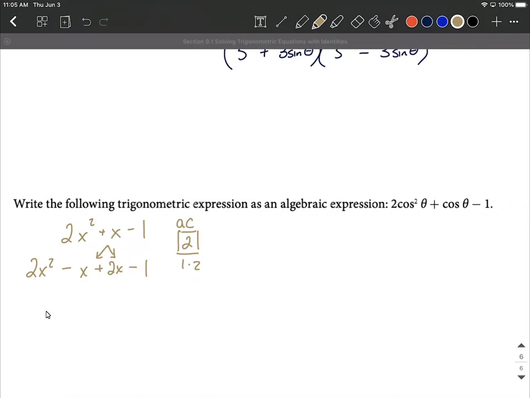And now that we've rewritten it, so we have 4 terms, we can use factor by grouping. The first 2 terms have an x in common, so let's factor out an x. That'll leave us with 2x minus 1 inside our set of parentheses. For factor by grouping to work, you're going to have to end up with the 2x minus 1 inside the second set of parentheses as well. In looking at these last 2 terms, they don't have much in common, but we can always say they have a 1 in common.